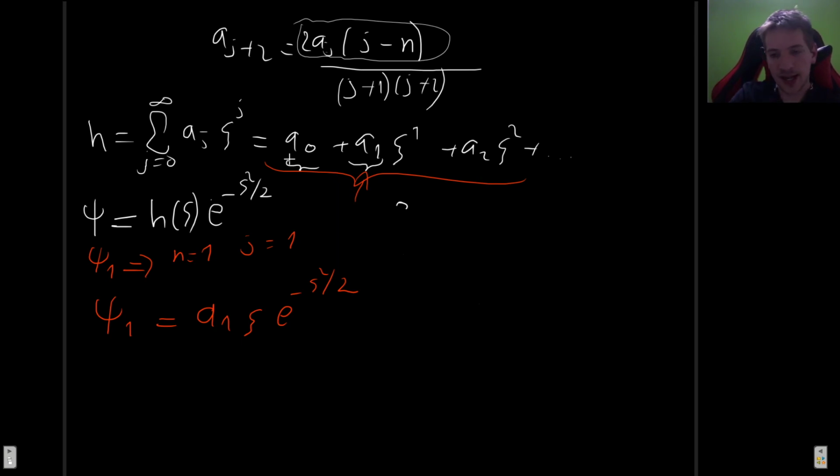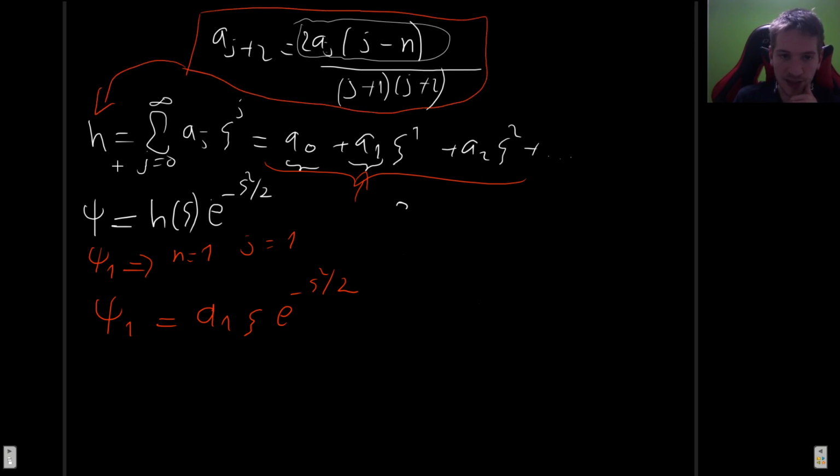If you wanted to find psi 50, you would be doing that all day. But now you could just put n equals 50 in here, see which values of j are allowed, and you're going to get it a lot faster. It's still going to be super annoying, but a lot faster. So this recursive formula allows us to find what our h is, and we put that into our psi. And that's how we do it.